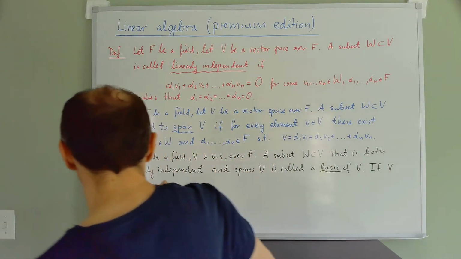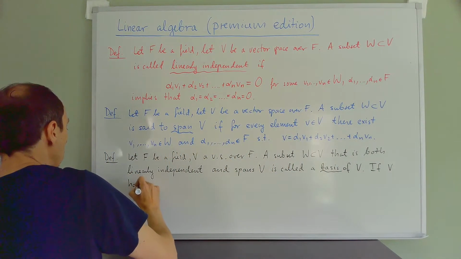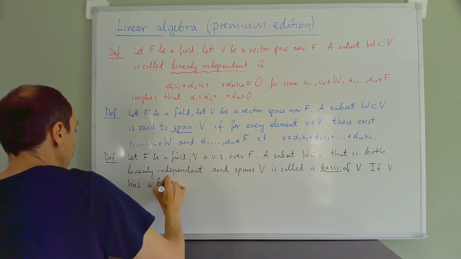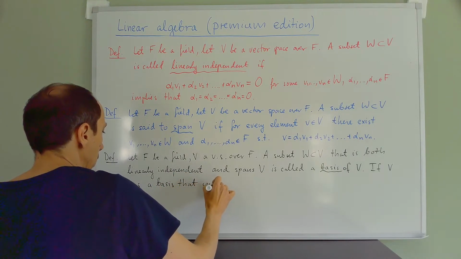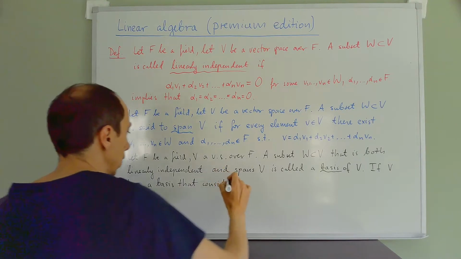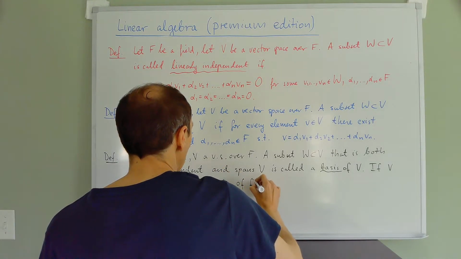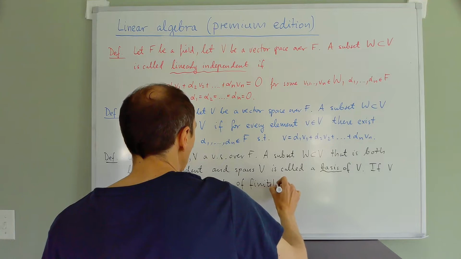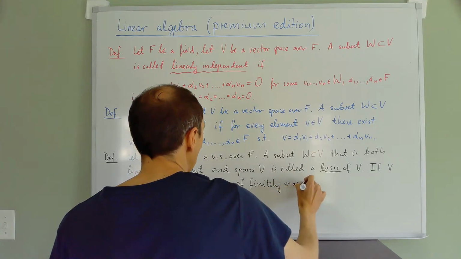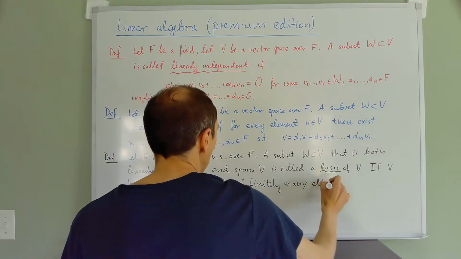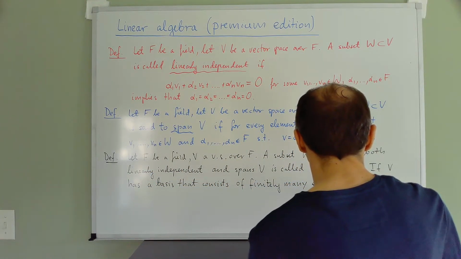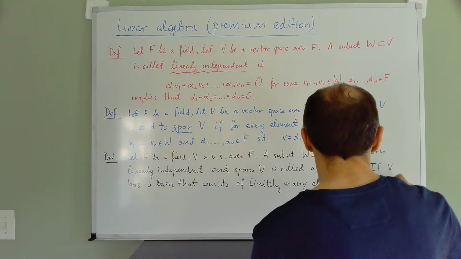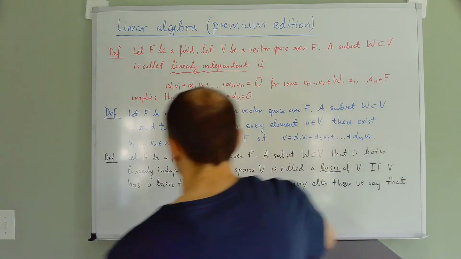If V has a basis that consists of finitely many elements, then we say that V is finite dimensional.